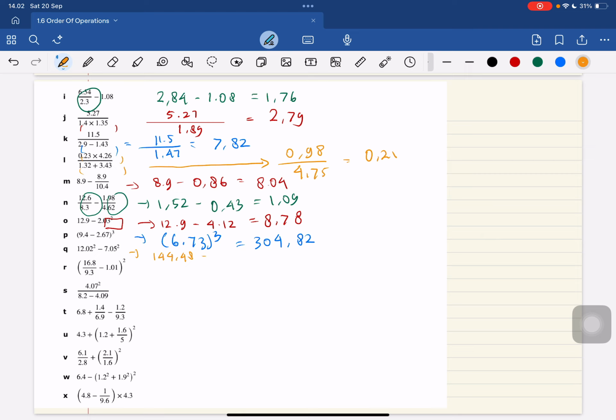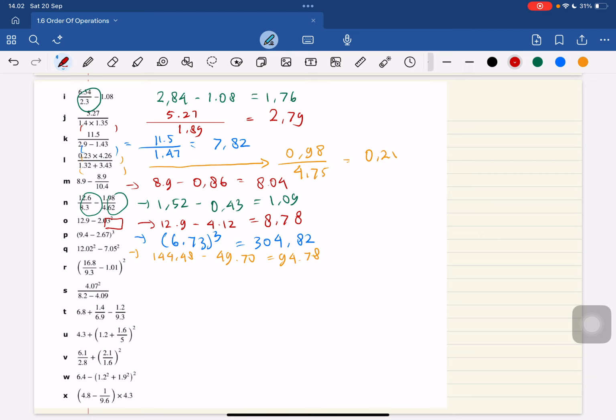We minus by 7.05. We have to square it first. It's going to be 49.70. So let's finalize the answer. 144.48 minus it by 49.70. So it's going to be 94.78.